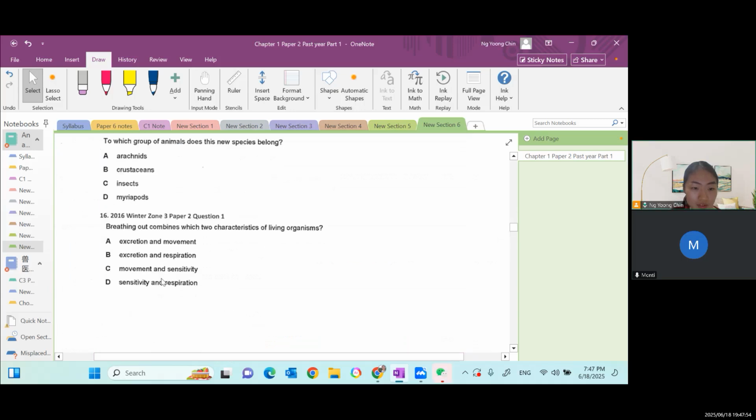Breathing out combines which two characteristics of living organisms? You want to have a guess? Breathing out. I'm actually not really sure, like respiration and excretion.